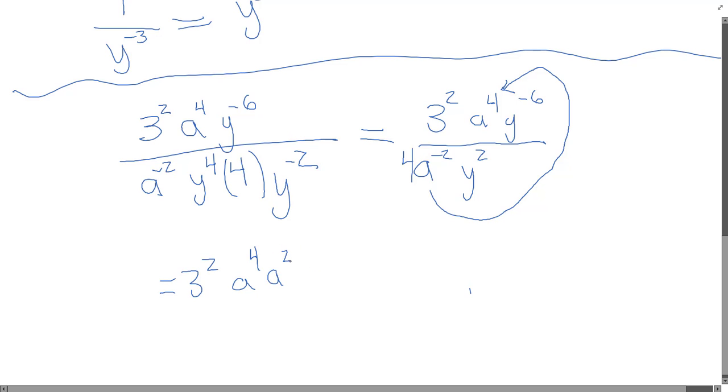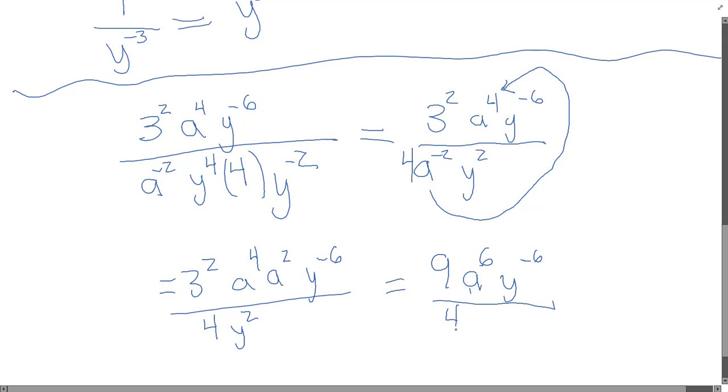Oops, that should be a 2, and it's kind of an ugly shape. And then we'll be left with 4y squared on the bottom. Of course, a to the fourth times a squared is a to the sixth, which we just discovered. I'll write this 3 as a 9 this time. And that's all over 4y squared.